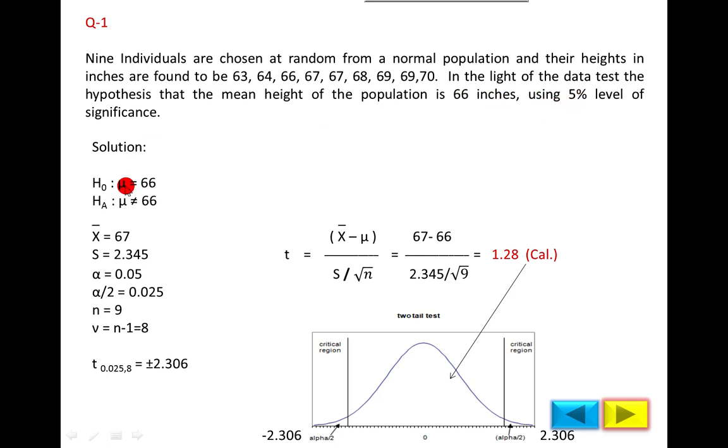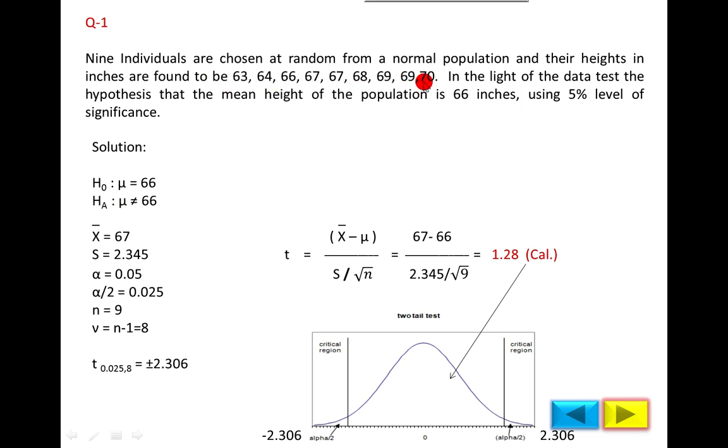So the null hypothesis: test the hypothesis indicates H naught, the population mean mu is equal to 66 inches. Alternate is not given in this question, so the alternate will automatically be not equal to.